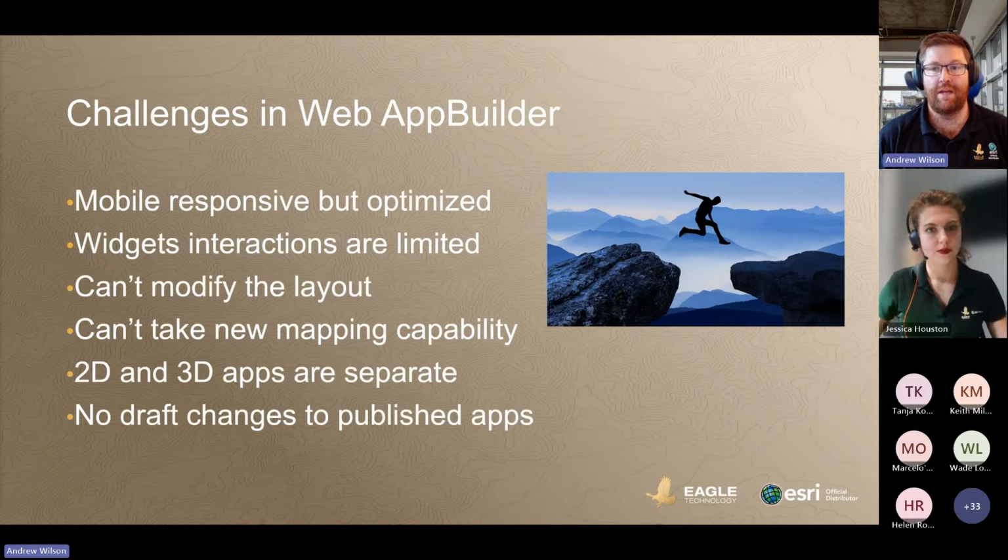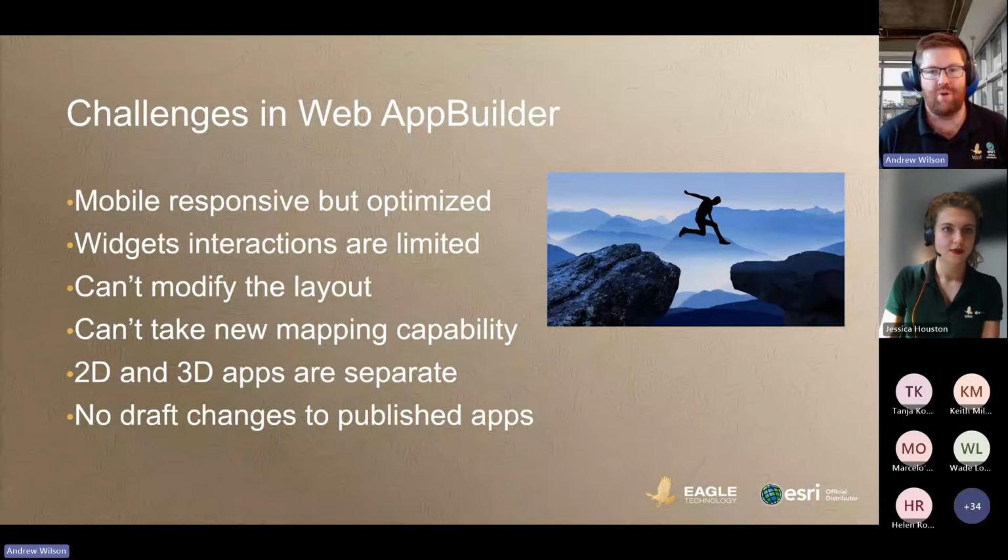Widget interactions are limited, so there's lots of widgets, but there's no connected workflow there. We're limited with the layout, so we can't really modify the layout, and the flexibility isn't quite there now. One of the key aspects is that we can't take the new mapping capability.